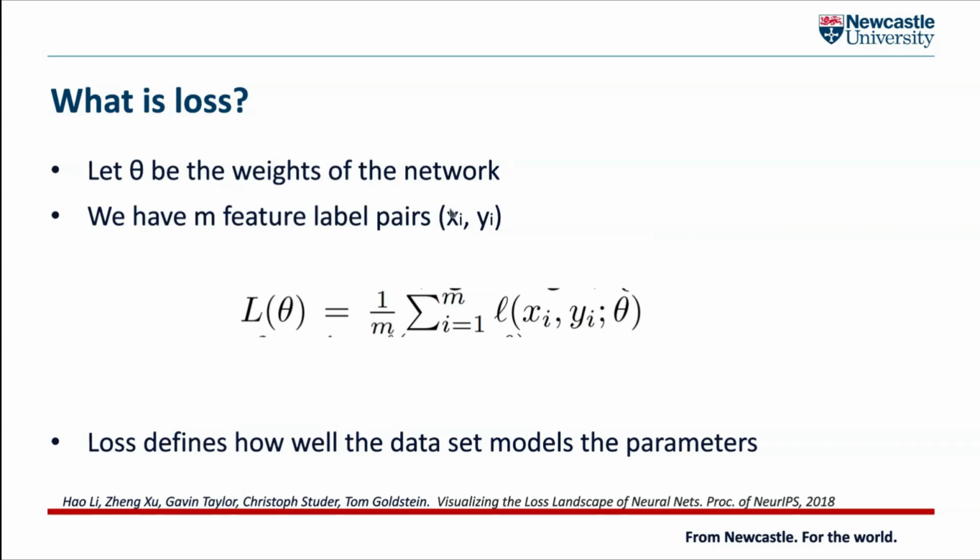So this is the input, for example, an image. And y_i is essentially the label. So that will be cat or dog, actually. And the loss is this function L.